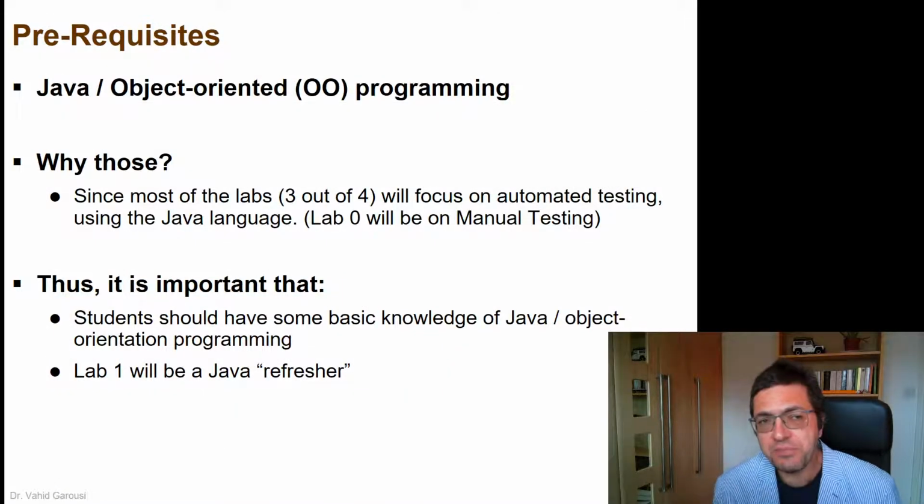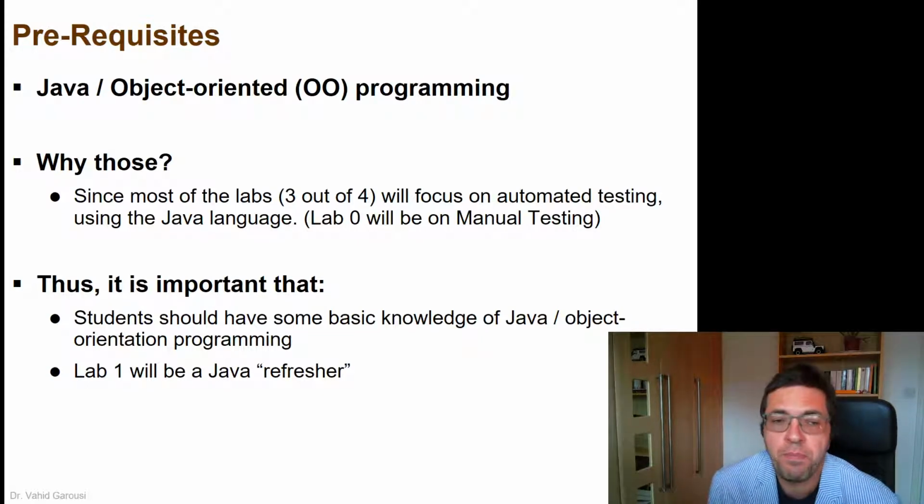There are some prerequisites that are kind of natural for this course. We need students to have some basic background of Java and object-oriented programming. And why is that? Because most of the labs will focus on the so-called automated testing.